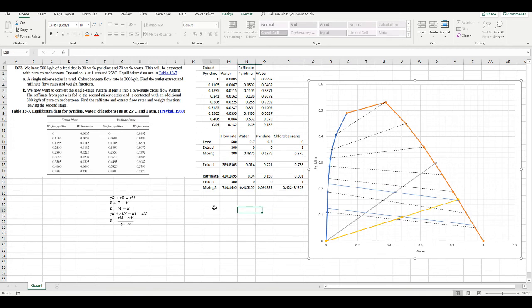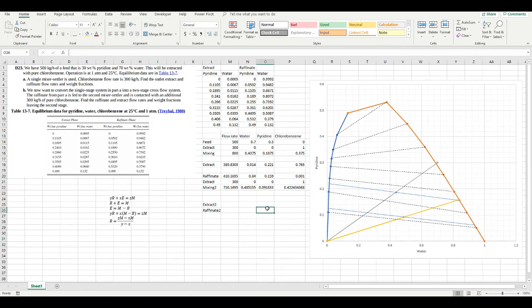And now we simply need to find the compositions of the new streams. So now, if we look closely, we can guesstimate where the compositions are. Obviously, this is a graphical solution, so we can't be super precise. But to me, it looks like this is about 0.8% water and 13% pyridine.